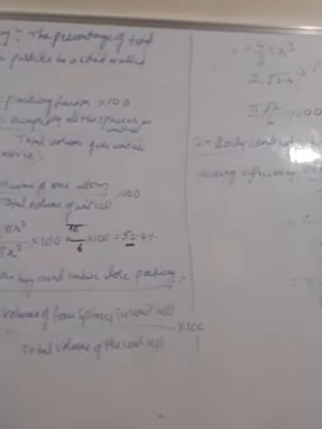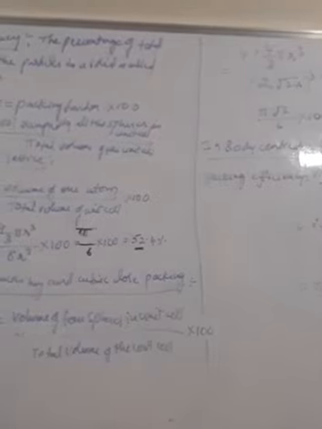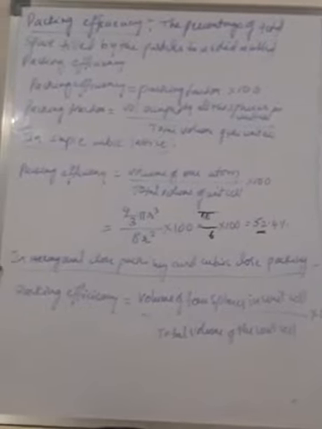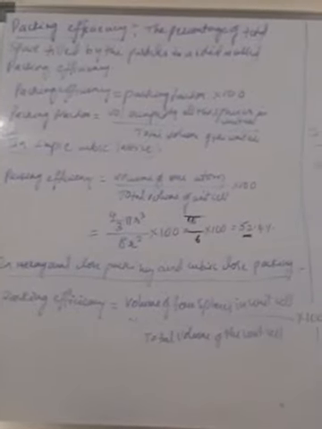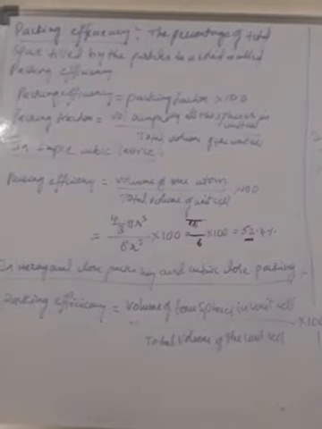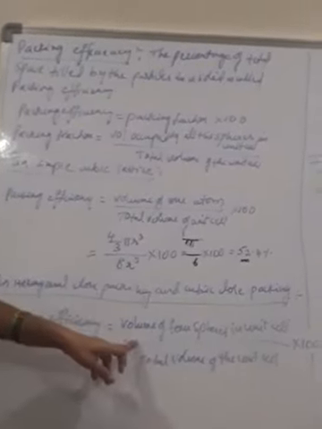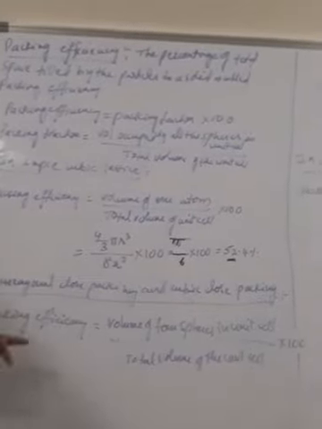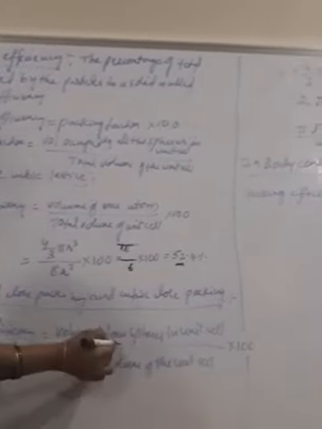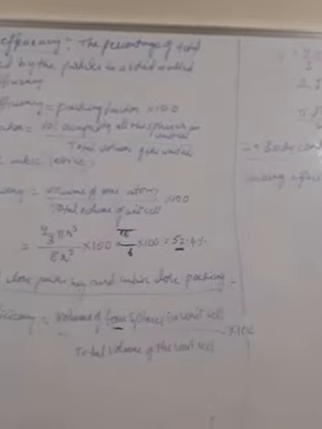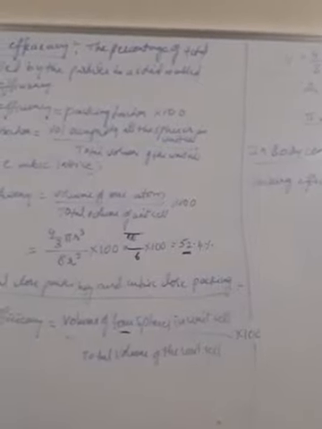Next, coming to hexagonal close packing, which is also called cubic close packing or face centered cubic packing. Here the packing efficiency is the volume of 4 spheres in the unit cell. Why 4 spheres? You know the number of particles per unit cell of FCC.